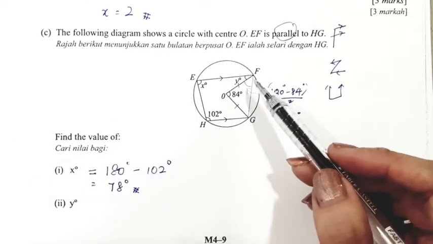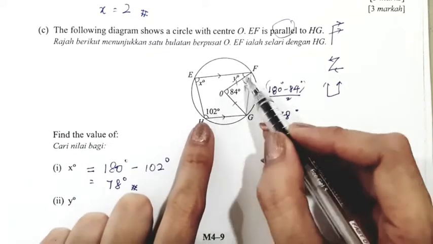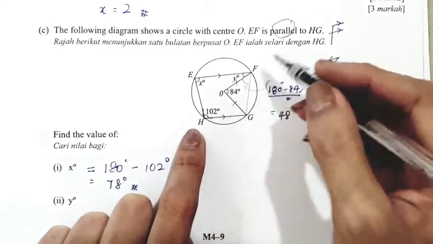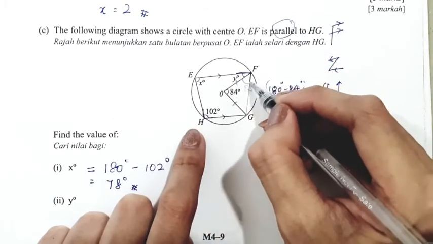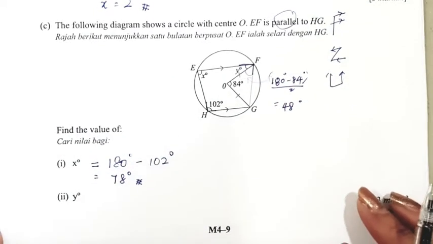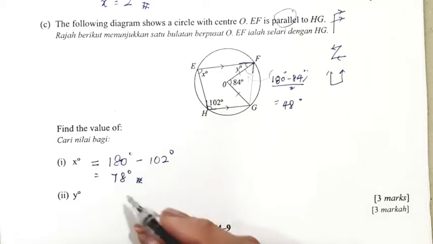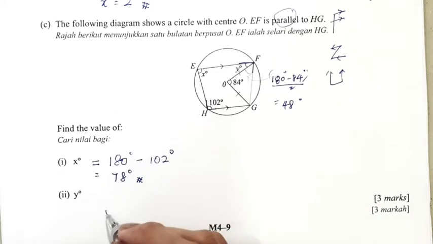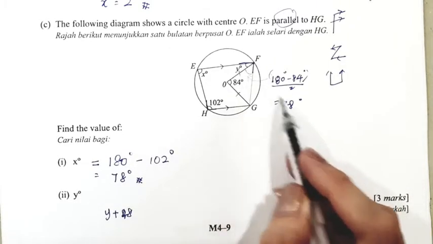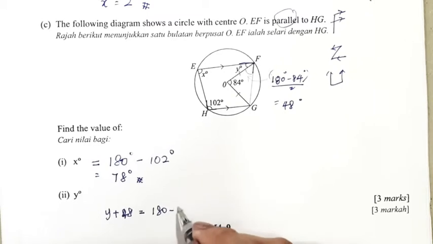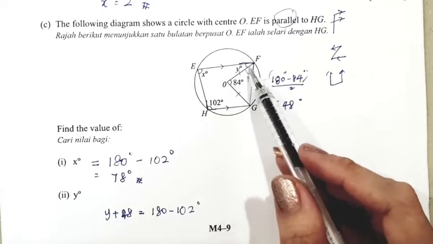So we have 48 over here. According to the cyclic quadrilateral, the opposite angles, the angle H over here and the angle F over here, total up to be 180 degree. So therefore, we can find Y by taking Y plus 48 equals to 180 minus 102, because the total of the opposite angle is 180.